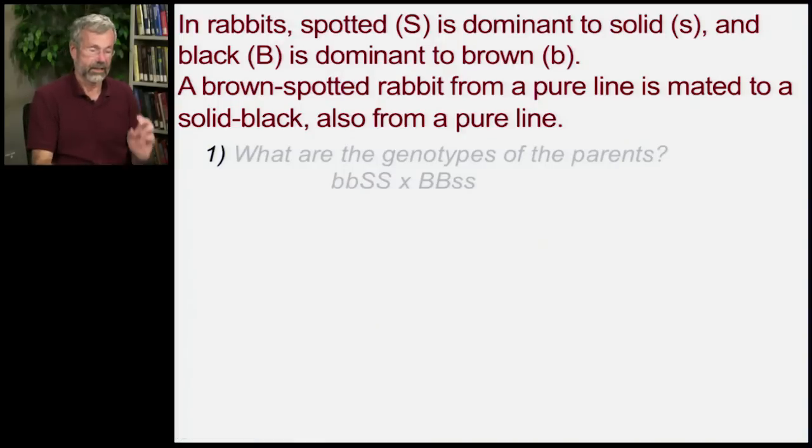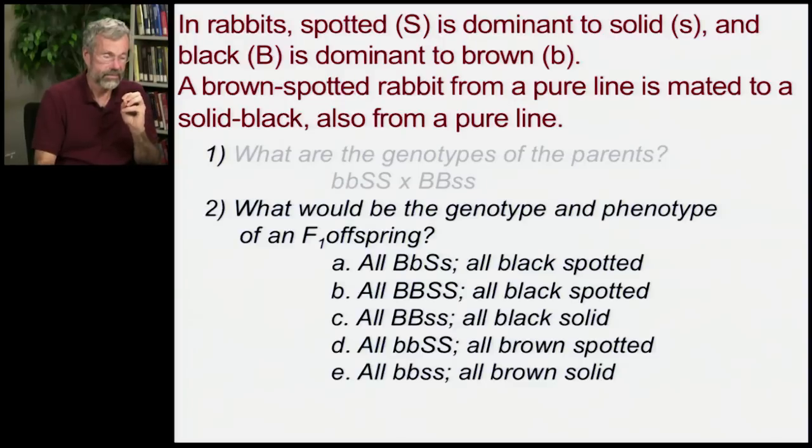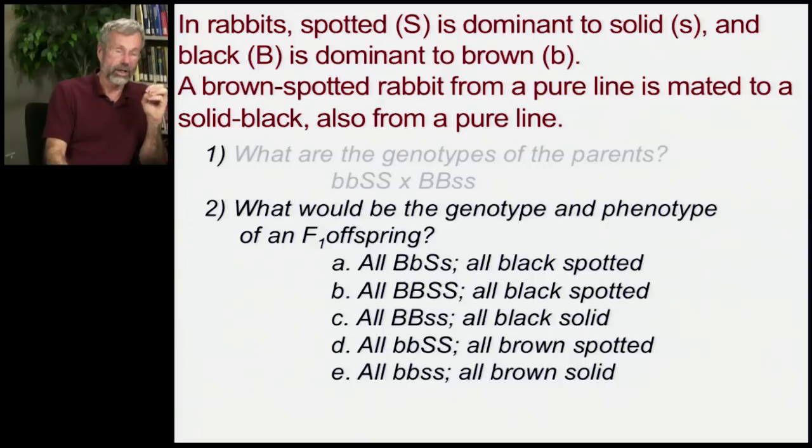Now, next question. What would be the genotype and phenotype of an F1 offspring? Now you can stop the tape now to give yourself more time, or I'll go ahead and tell you.